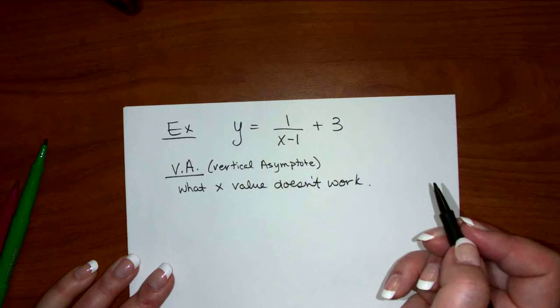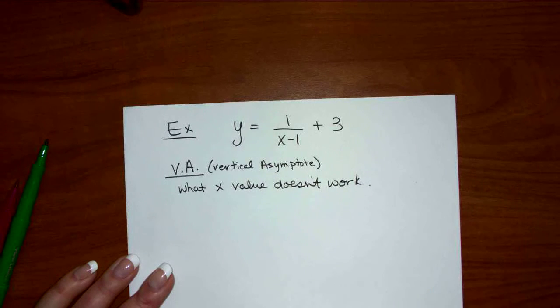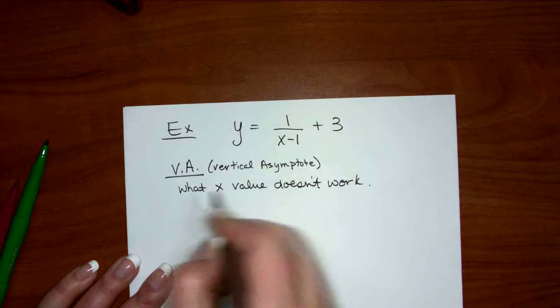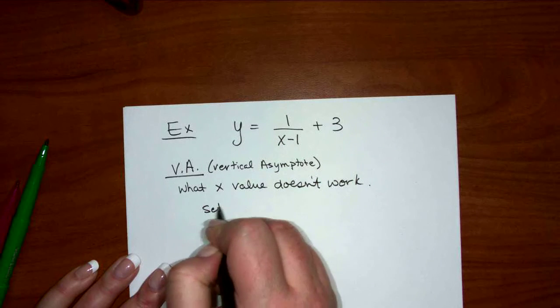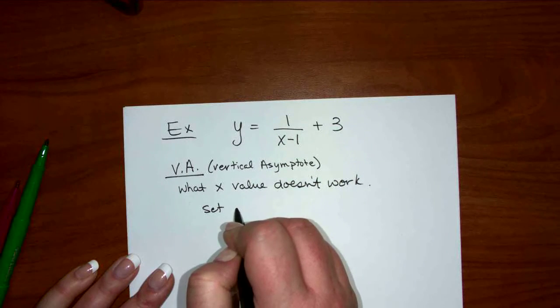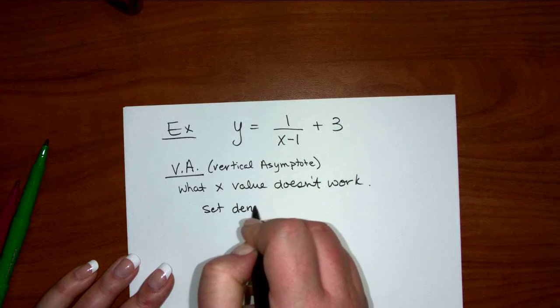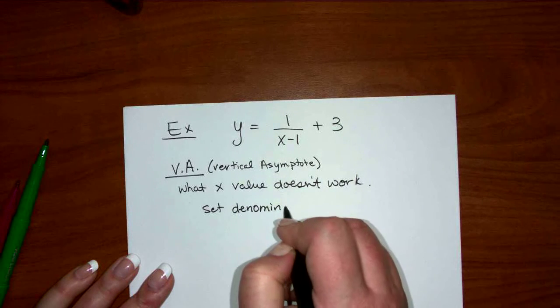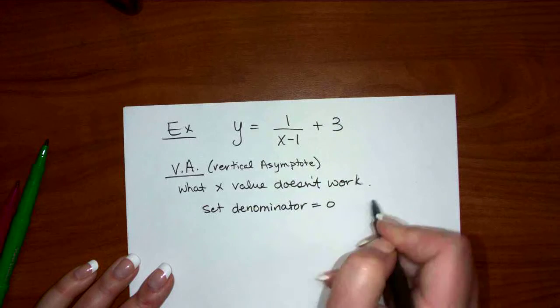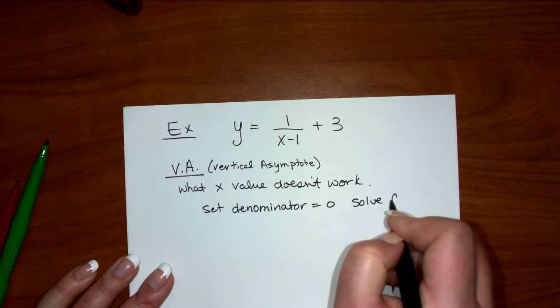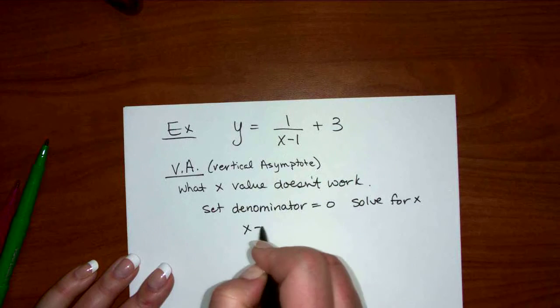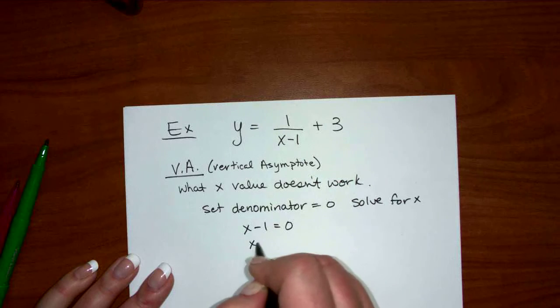It's a fraction, so what can you not plug into a fraction? Something that makes a 0 on the bottom of the fraction. So to find this, you set the denominator, bottom of the fraction, equals 0, and solve for x. So in this one would be x minus 1, gives me 1.